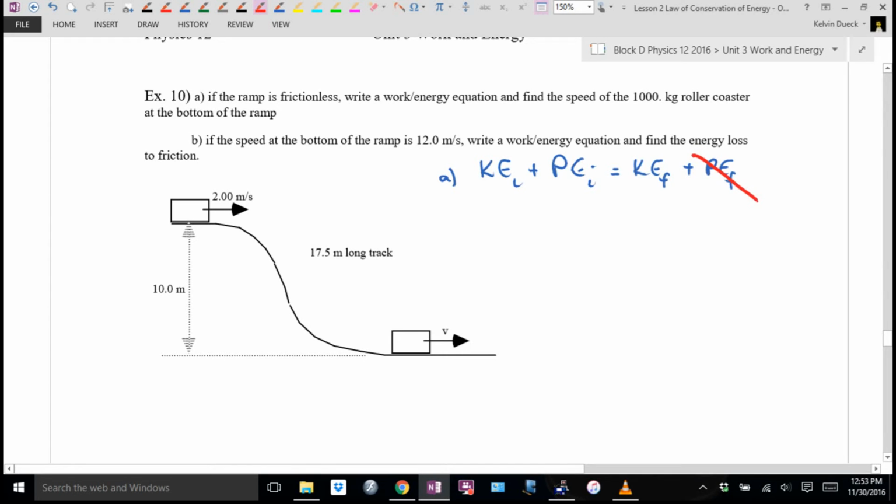I don't think anything else is. We didn't start at rest. We started at 2 meters per second. I guess we just barely made it over the hill to get ready for the next hill, which happens in some roller coasters. Well, a half m v initial squared plus m g h initial equals a half m v final squared.